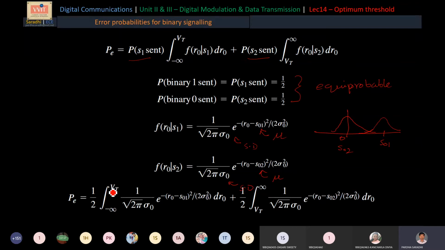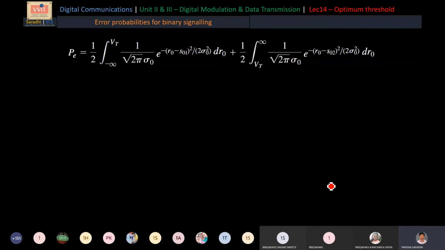So it is 1 by 2, integrating from minus infinity to Vt, and that entire expression we have substituted. Now how do you solve this? How do you get the integration of this?